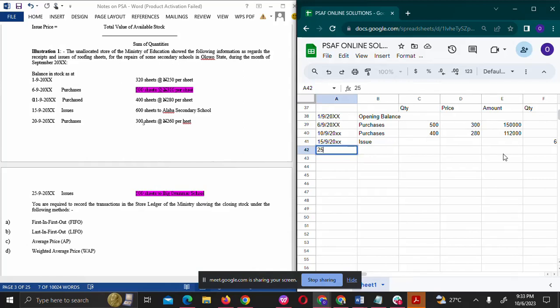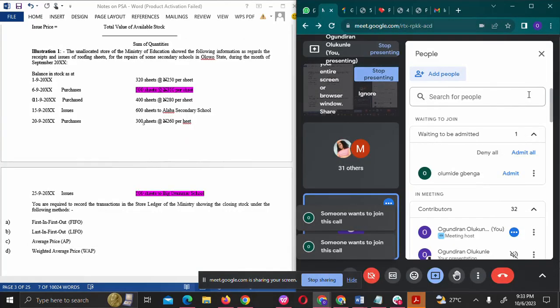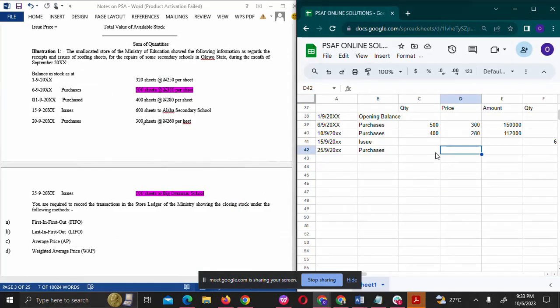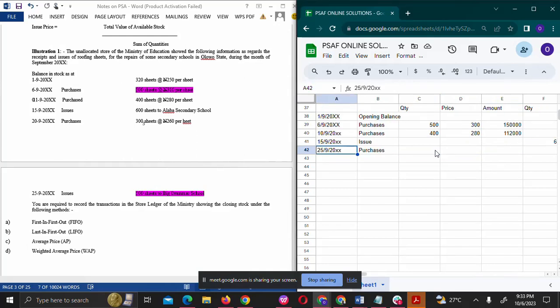Then you have 25, 9, 20xx. We have purchases, and the purchases is how much? 300, 260.